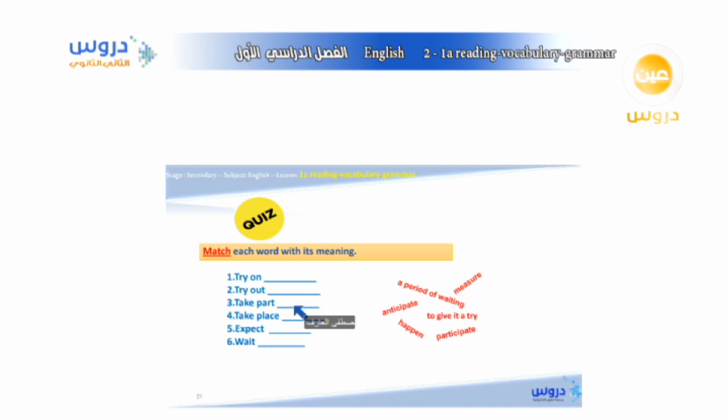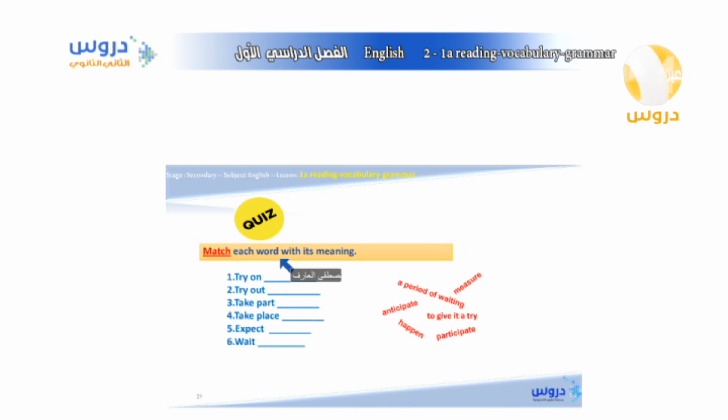Now let's have more. If we have try on, which is something for clothes, try out, which is to experience something, take part, take place, expect, and wait. So which is best for try on? We have here a period of waiting, measure, anticipate, happen, to give it a try, and to participate.